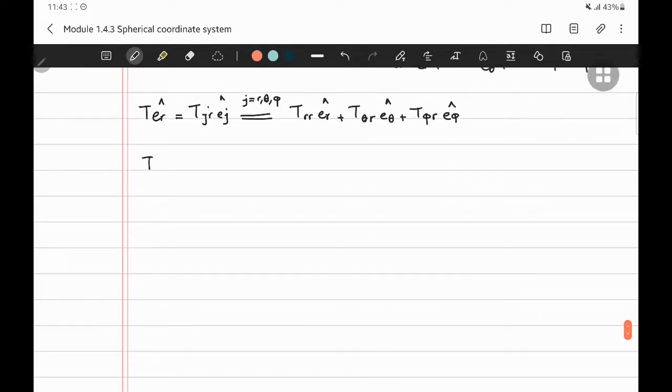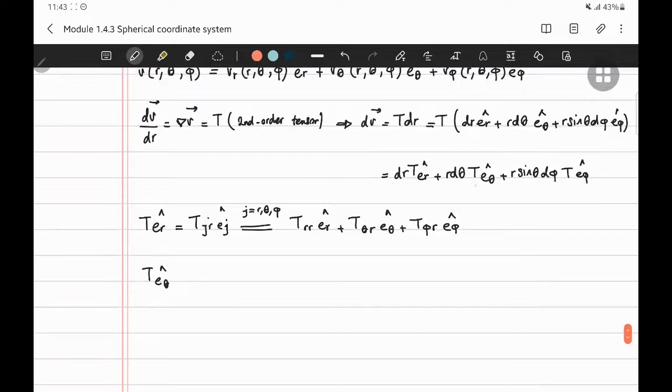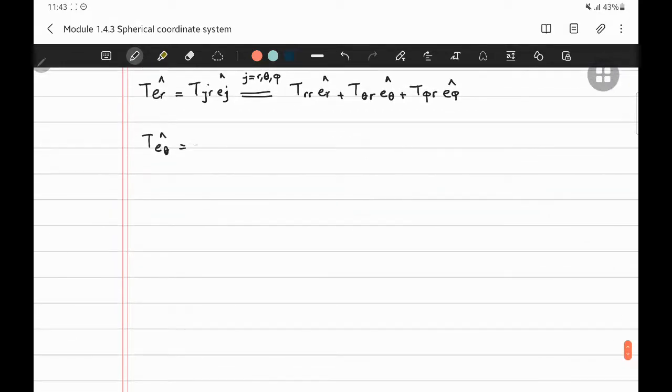We also have T e theta, so we have T j theta e j, which is T r theta e r plus T theta theta e theta plus T phi theta e phi.